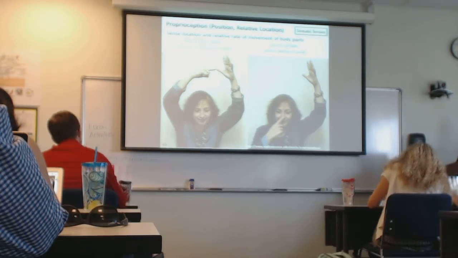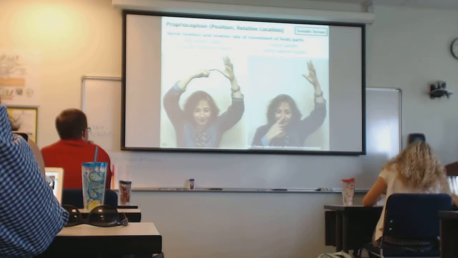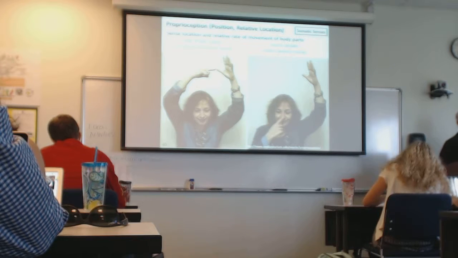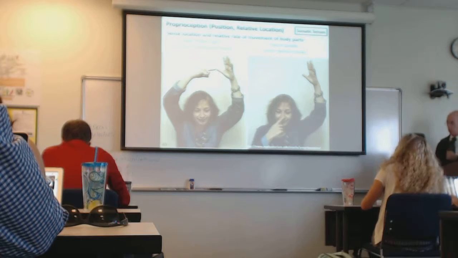There's a lady undergoing a sobriety test. This is an example of proprioception. This type of information is conveyed by a number of little sensory structures.